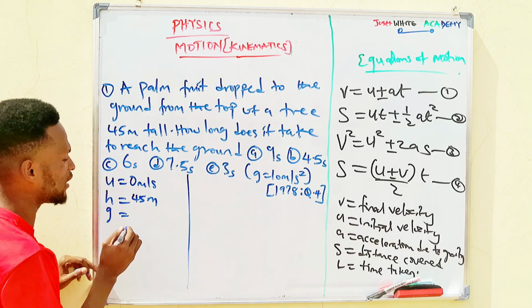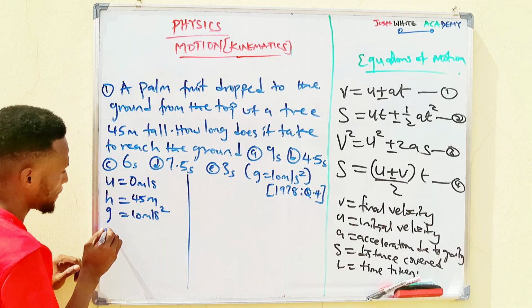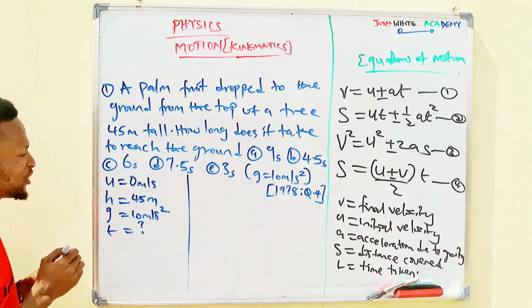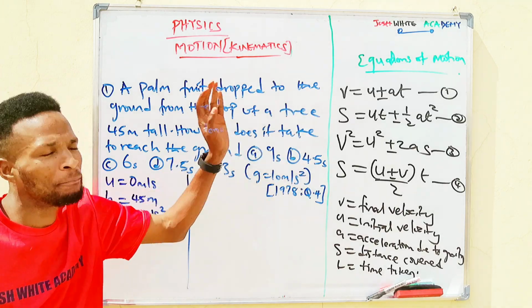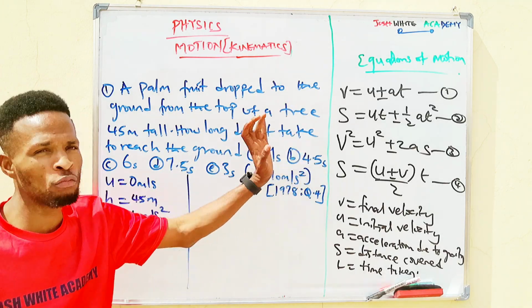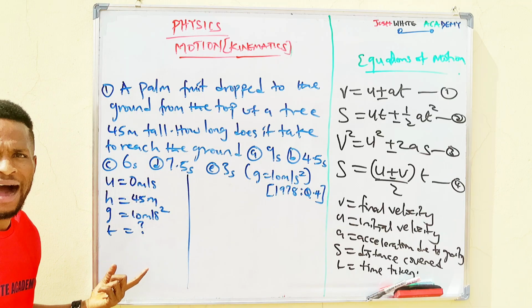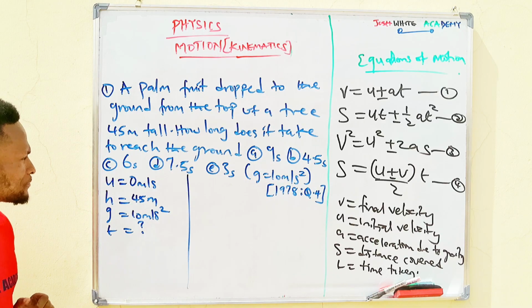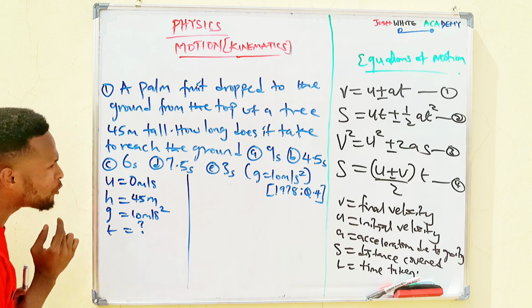Our acceleration due to gravity is 10 meters per second square. And our time is what we are looking for. So now, the next thing to do is, among this formula bank in our equation of motion, which formula best suits our listed data? So, in our data, we have height, we have gravity, and we have time.